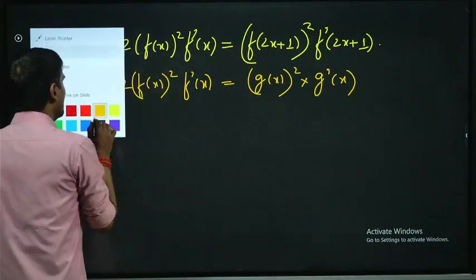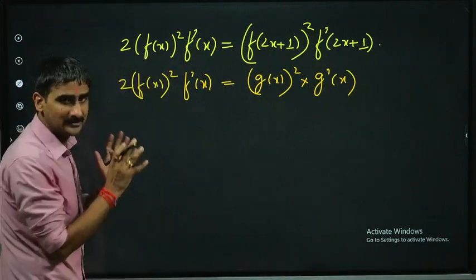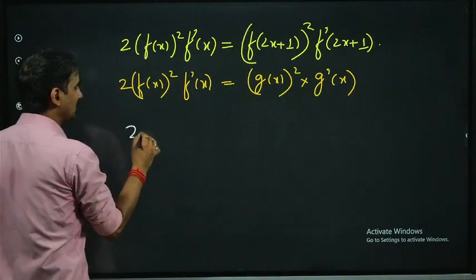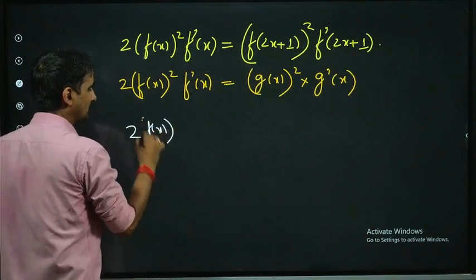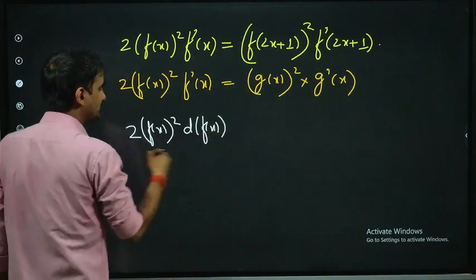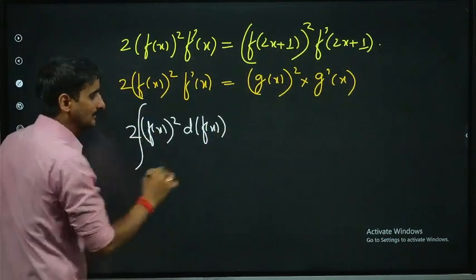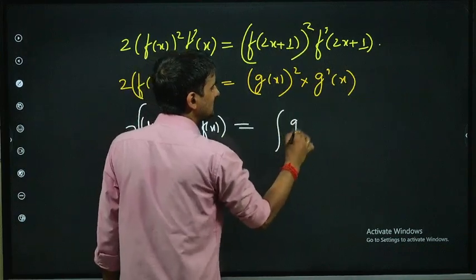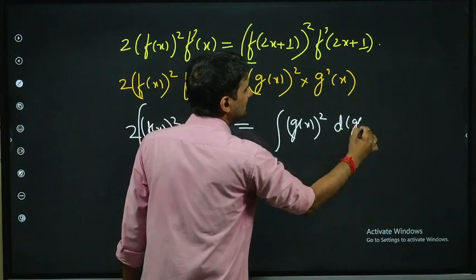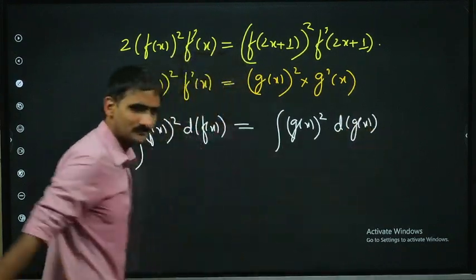So I will say now integrating both the sides. So when we have to integrate, isn't that 2 times f(x) whole square into d of f(x), and then integrating it. Similarly, it's g of x whole square into d of g of x. All of you agree?